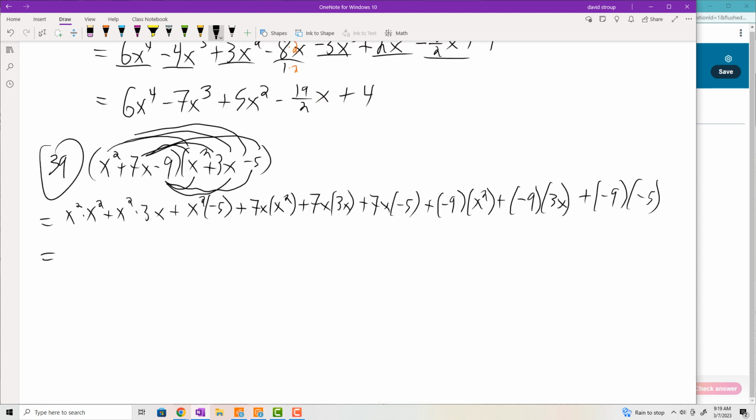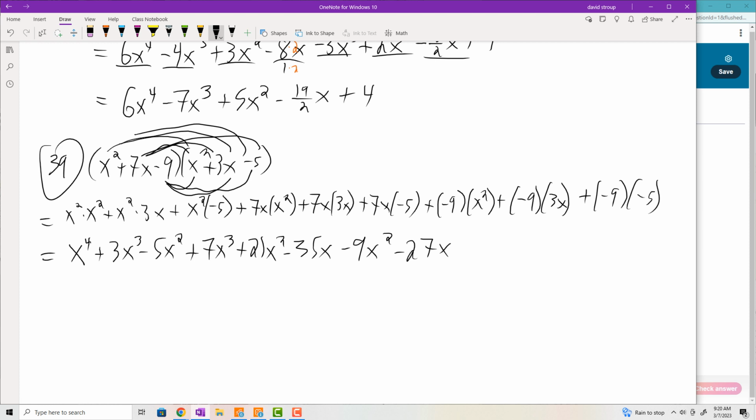Okay, multiply out. So add the exponents. X to the 4th plus 3x cubed minus 5x squared plus 7x cubed plus 21x squared minus 35x minus 9x squared minus 27x plus 45.